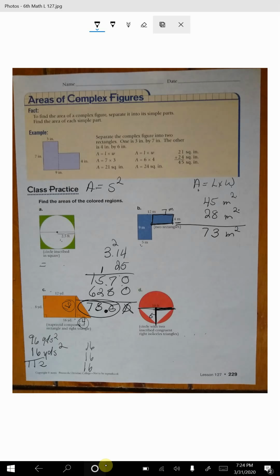Oh, I see why they have to do that. Base times height, and then we're going to half it. All right, let's see if what I'm thinking works. Let's do the area of a triangle, because that triangle, we don't want that in the area. So let's figure out what the area of it is, and then we'll subtract it out.